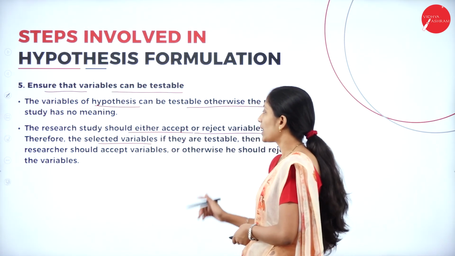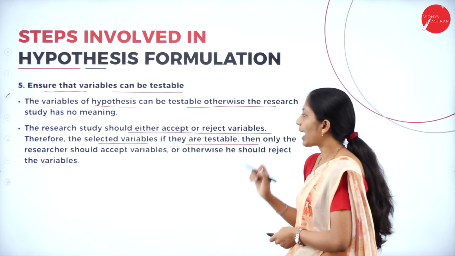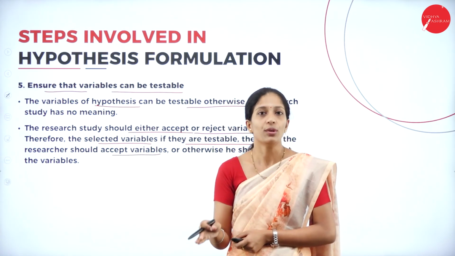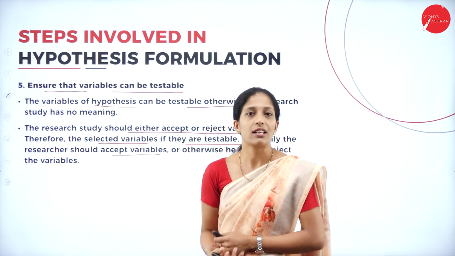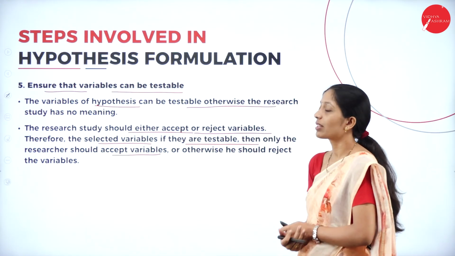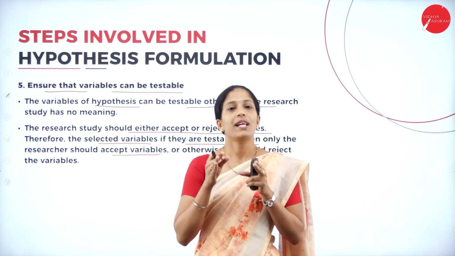Therefore, if the selected variables are testable, then only the researcher should accept the variable. Only if it is in a position to be tested can the researcher accept the variable, otherwise he should reject it.